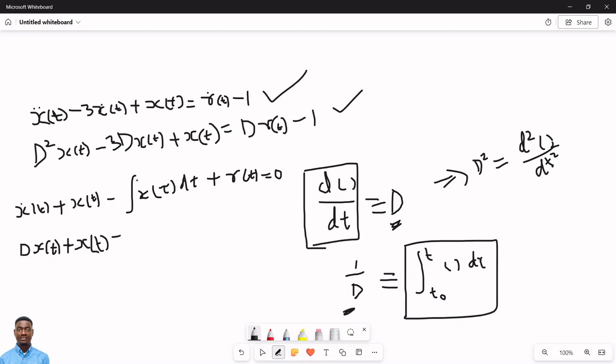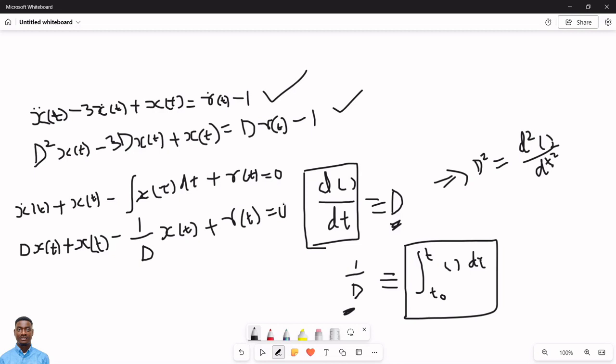But here we have an integration, and we know that integration is represented by 1 over d in the operator notation. So that will be 1 over d x of t, because this variable here is x, with respect to time, plus r here was not differentiated at all, so that will be r of t equals 0.